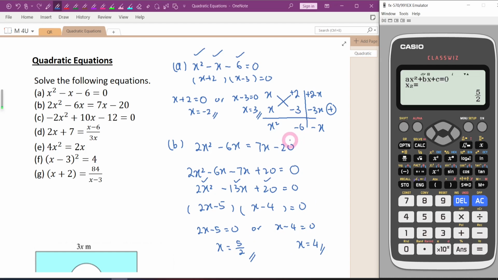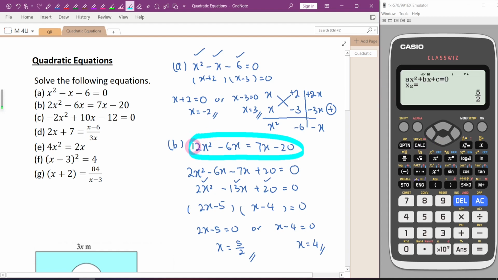Now, some students might be thinking, why don't we just key in this one and ask the calculator to solve for us? Yes, you can do so, but let me show you here.